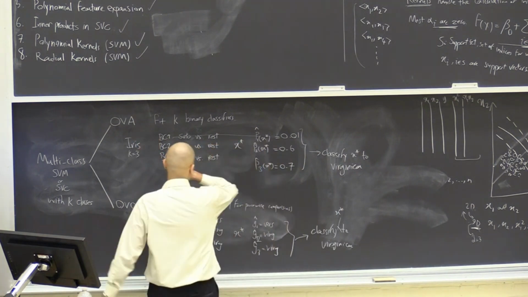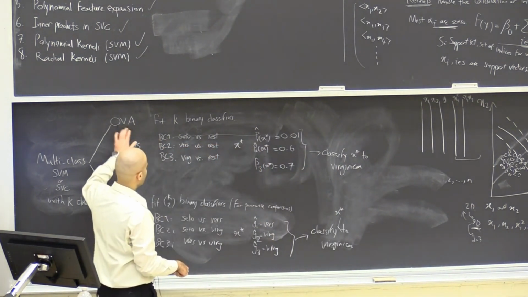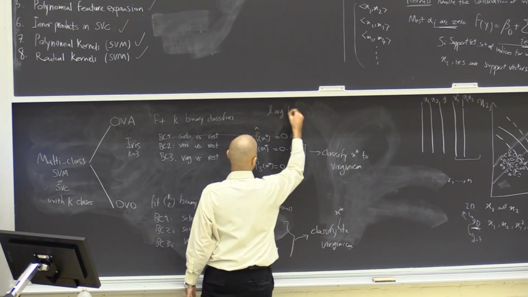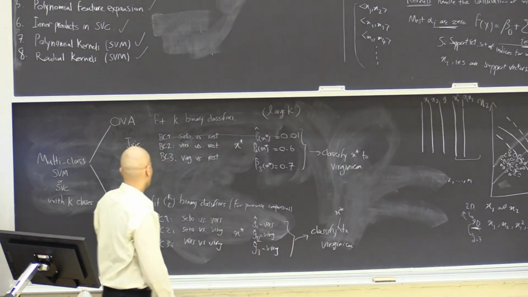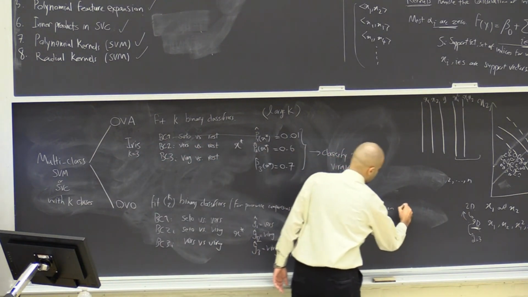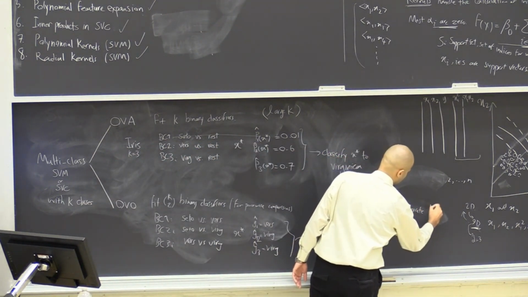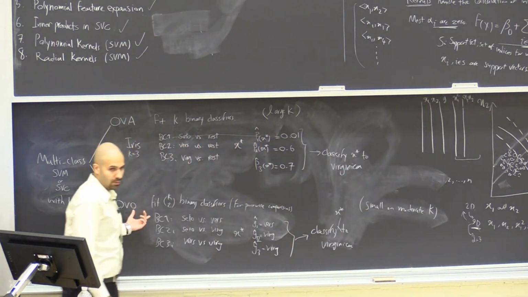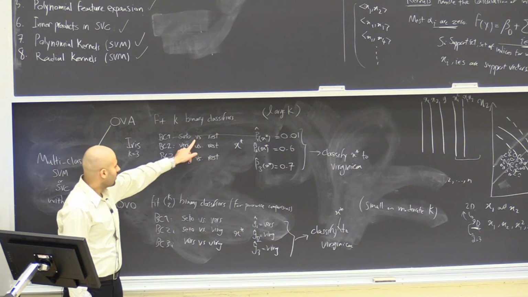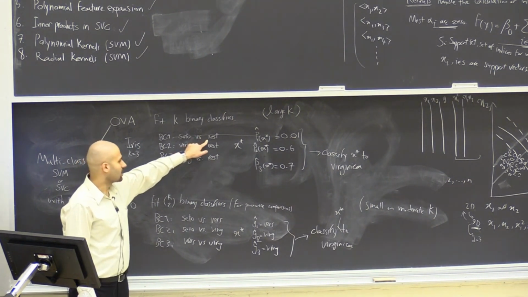All right, so I think OVA is the preferred choice where K is large. Otherwise, if K is small or moderate, the preferred choice is using OVO. This is because the comparisons in OVA are sort of unfair, since one side is like a mega class.